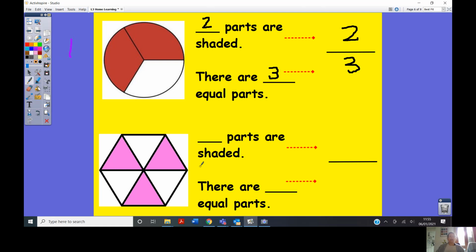Have a little look at this bottom one and see if you can fill them out yourself. Maybe just saying them to an adult or writing them down on a piece of paper. How many parts are shaded? How many equal parts are there all together? I'm going to give you 30 seconds to complete this.